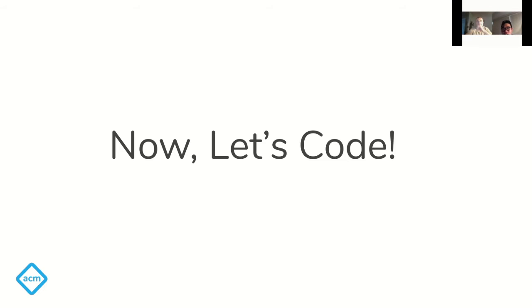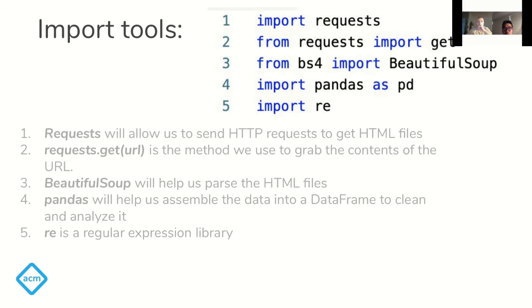So now let's start the code. Before that, I'm just going to go through the imports that we will probably use. We are going to use the requests library, which allows us to send HTTP requests to get HTML files, and we will use the get method in order to make a GET request and grab the content of a URL.